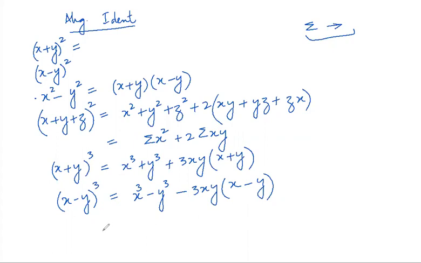Now, again, a very important formula for factorization. Just like x square minus y square, we have x cube minus y cube also. Well, this is equal to, students, x minus y into x square plus xy plus y square.